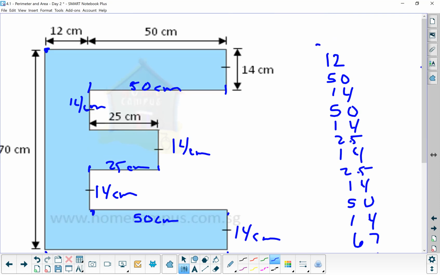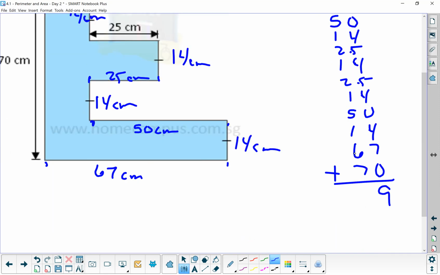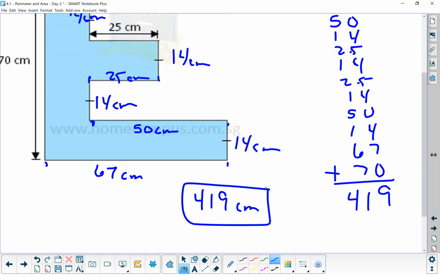There you go. 3, 4, another one is 5 and 5 are 10, 15, 16, 17, 18, 19, 20, 21, 22, 27, 28, 34, 41. So the entire perimeter is 419 centimeters. Again, using a calculator can be extremely helpful with that.